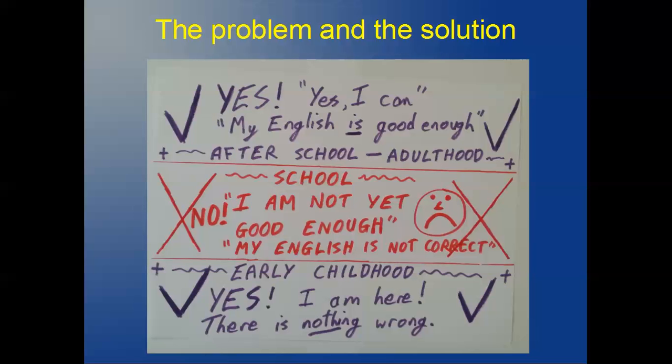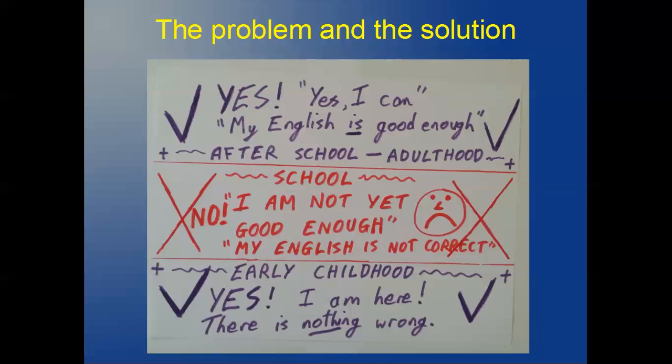This is our experience in childhood. And what happens in early childhood? We learn our first language. So there must be something good about our learning of our first language. Then we come to school. Very often we have the experience that we are doing things wrong.